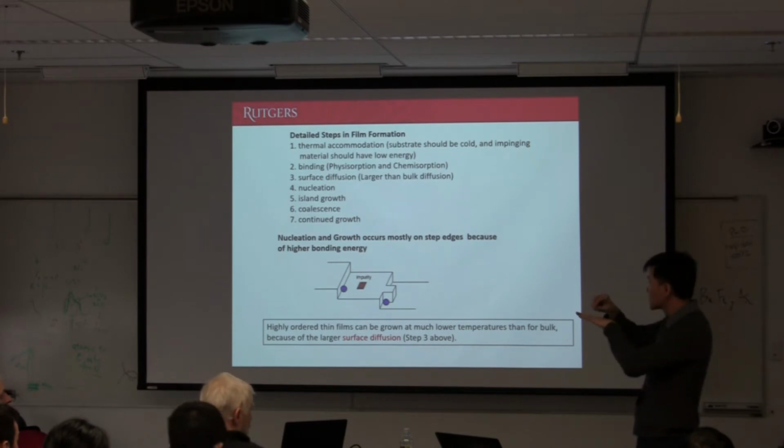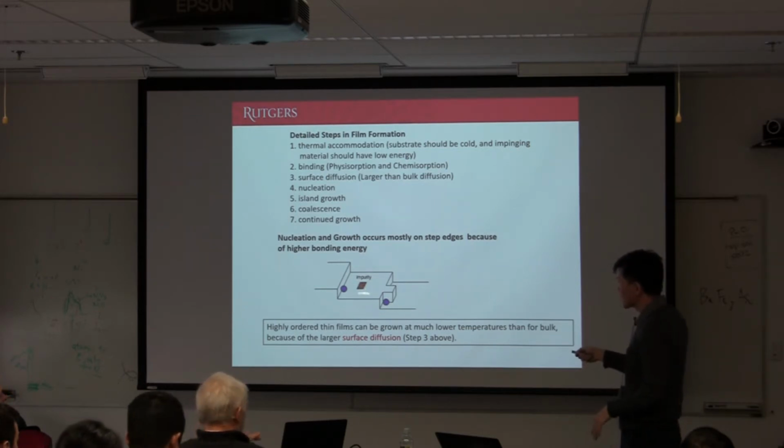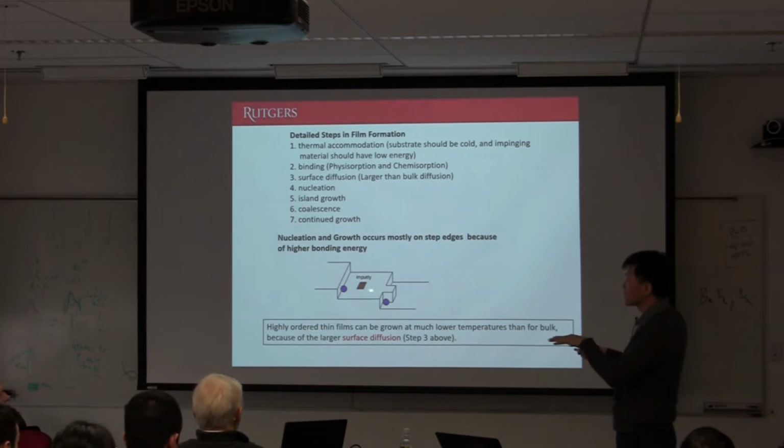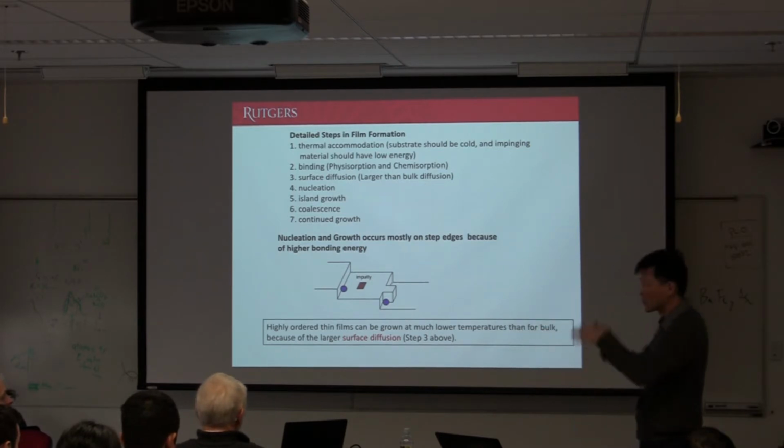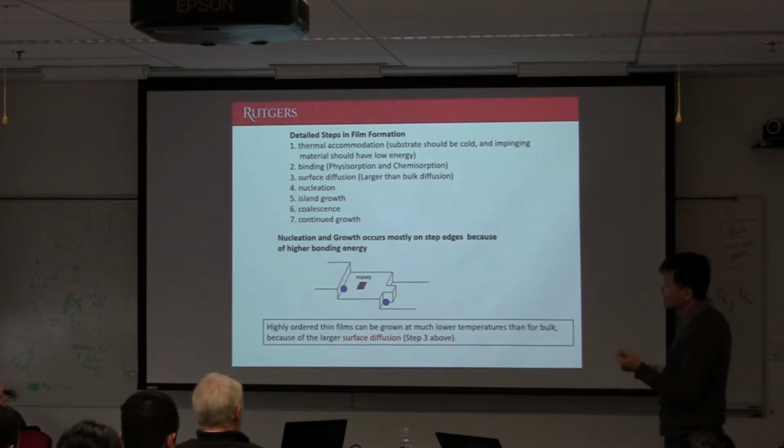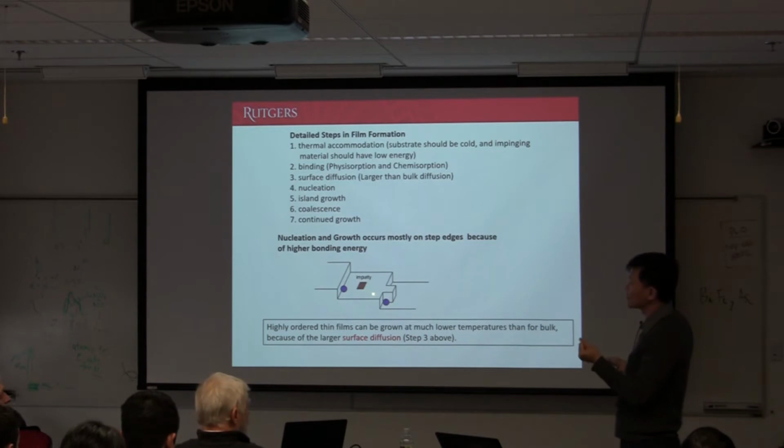But on the surface, you have bonding only on one side, so atoms can move very easily. That's why surface diffusion is quite fast compared to the bulk, and that's why you can grow films at relatively low temperatures.